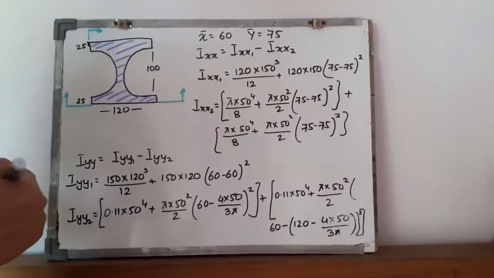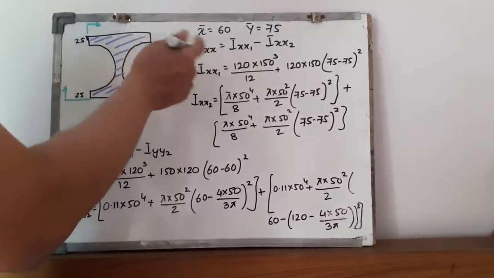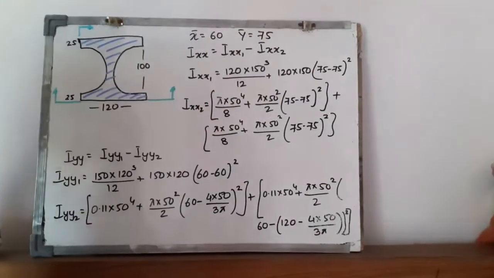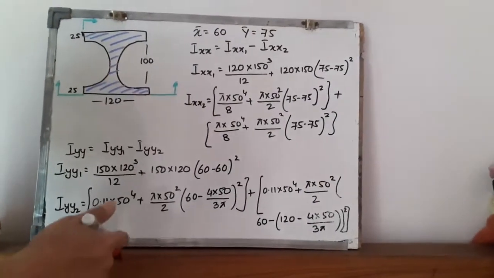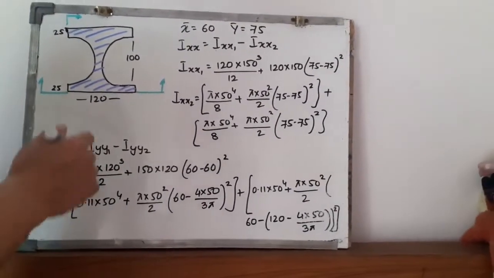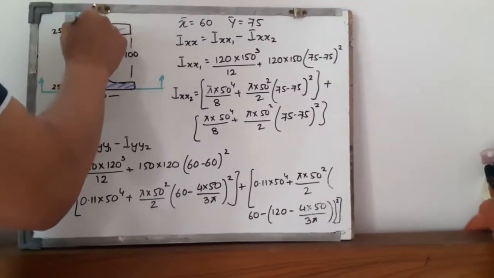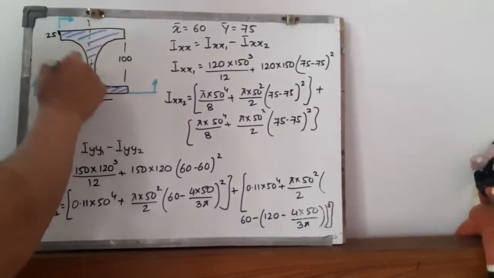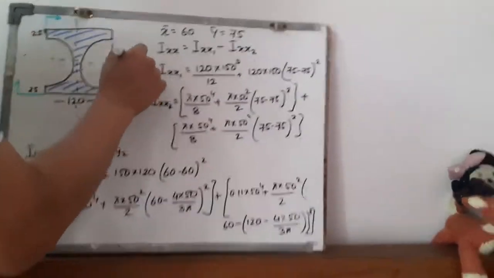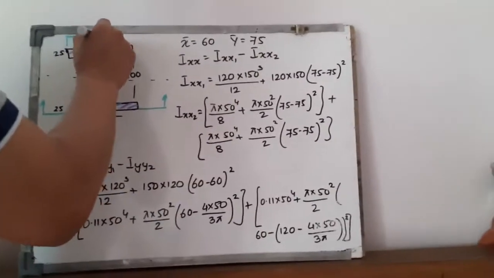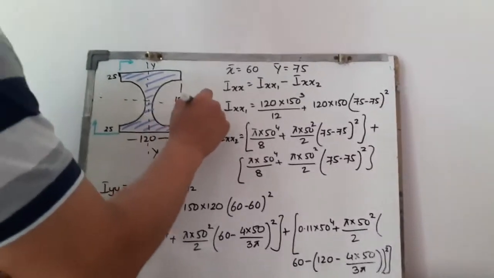With different references you will have different values. It is symmetrical about the x-axis and y-axis, so the values will come out the same. If you locate them, this will be your centroidal axis, this will be your y-axis, and this is your x-axis.